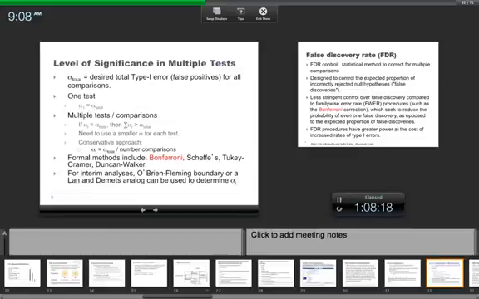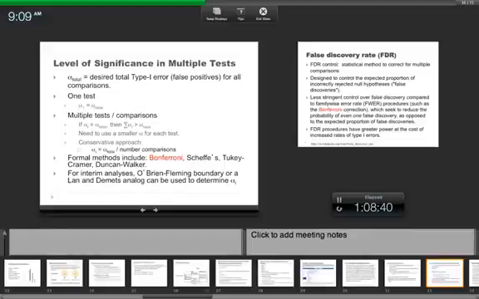So how do you control for this issue? The level of significance in the test. If you assume that the alpha total is the desired type 1 error of the false positive for all the comparisons, if you have one test, then the alpha is equal to alpha total. There's no question.